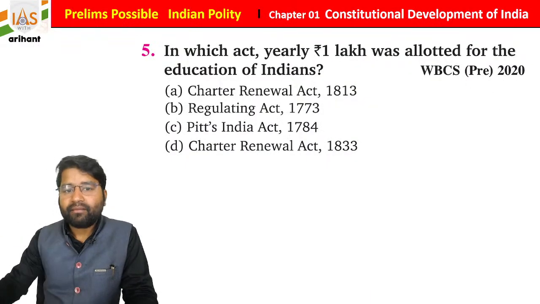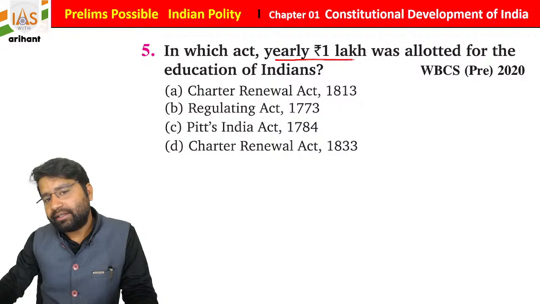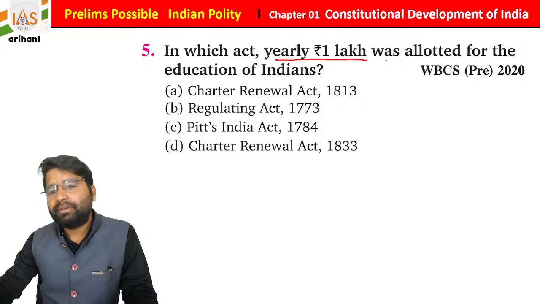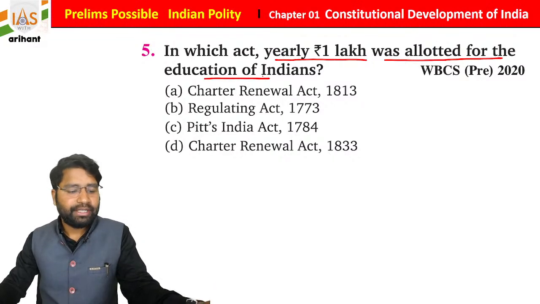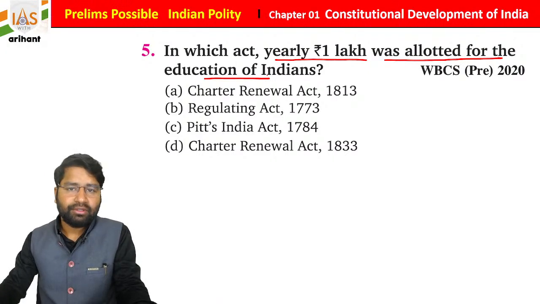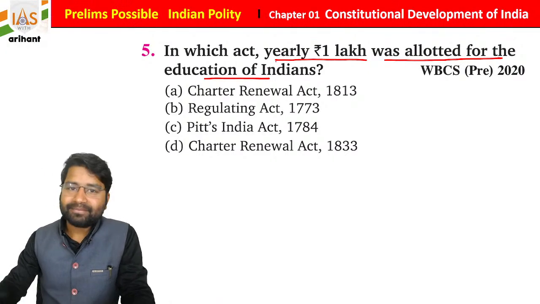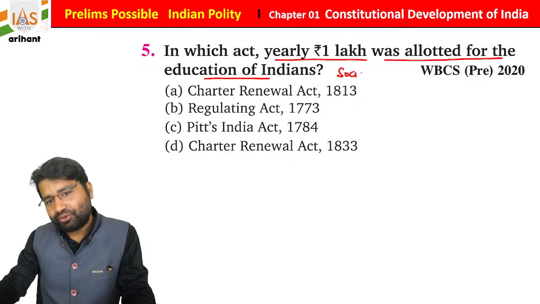Now, which act made it compulsory that 1 lakh rupees yearly was allotted for the education of Indian students? This education is important. Why? Because they wanted to show some social work.